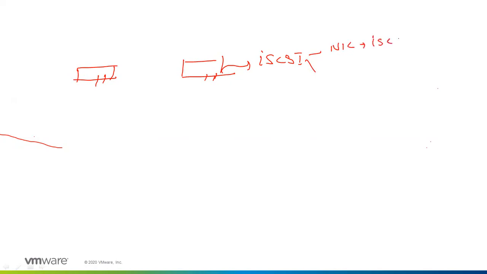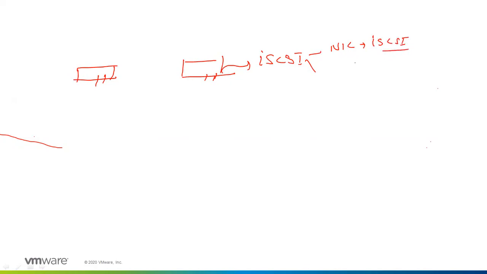Again, these are my ESXi hosts. These are my iSCSI adapters. When I say iSCSI adapter, these are a special kind of NIC that supports the iSCSI protocol for storage.